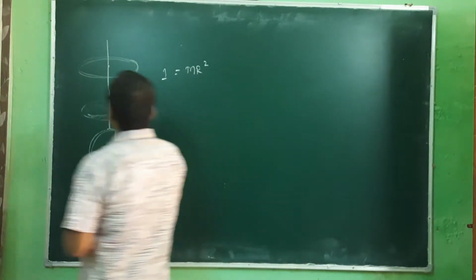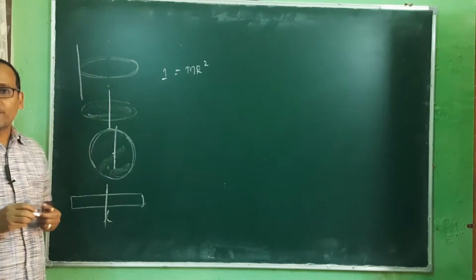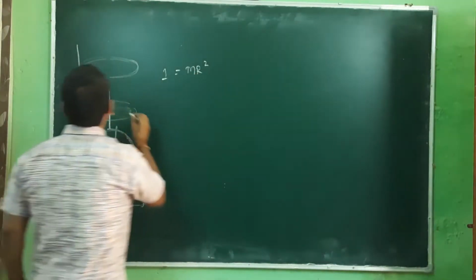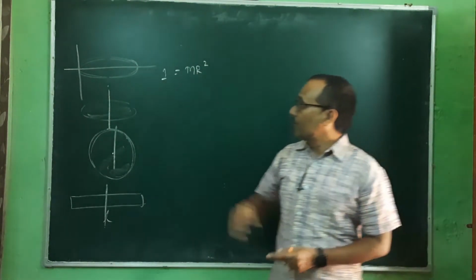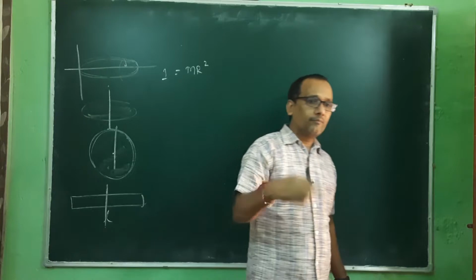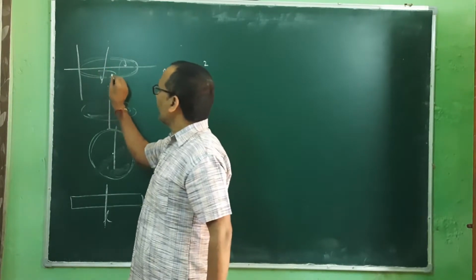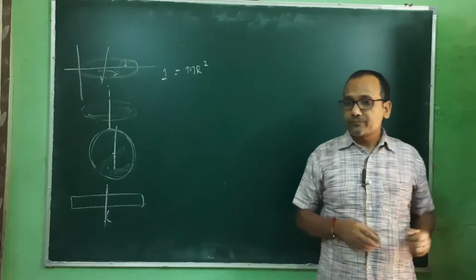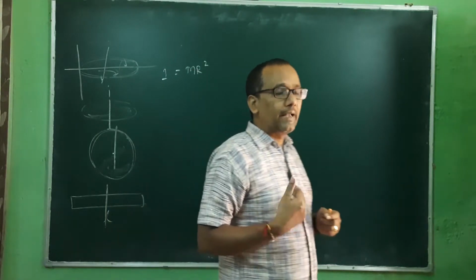For example, in place of the axis through the center, if we take the axis here, and this particular ring is rotating around this axis, or if we take the axis along the diameter of this ring and it is rotating around that diameter, so we can have different positions of the axis, and we need to calculate the moment of inertia around that axis.